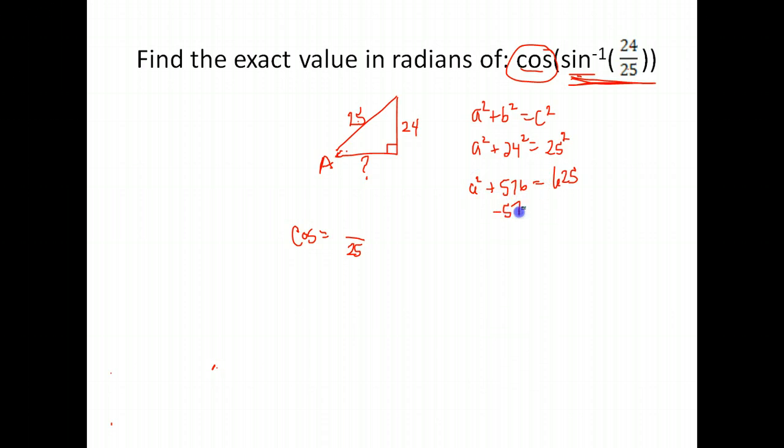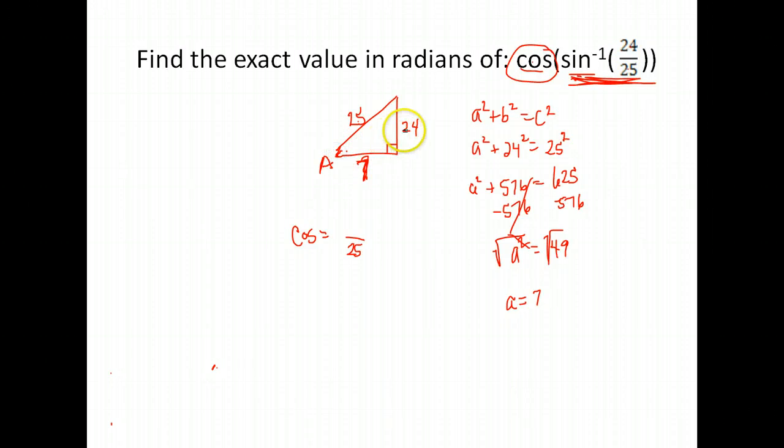We're going to subtract 576 from both sides, which leaves us with 49. And then we just have left to take the square root of both sides, and we get a is 7. So the missing side of our triangle was 7. To answer our question, what is the cosine of the angle whose sine is 24 over 25?